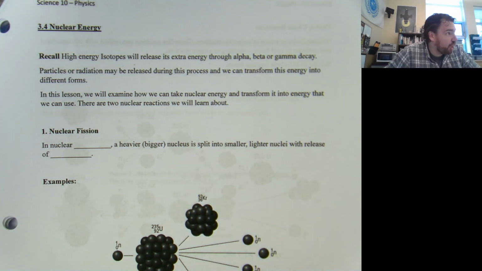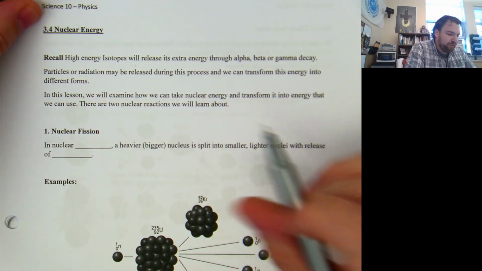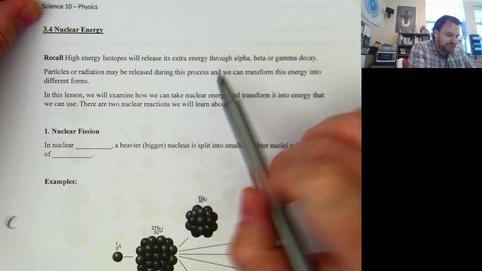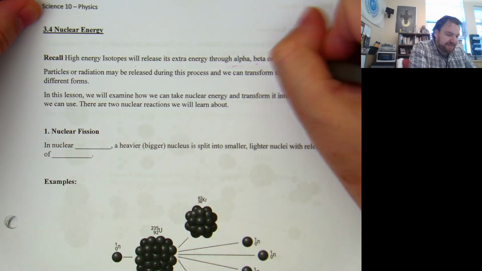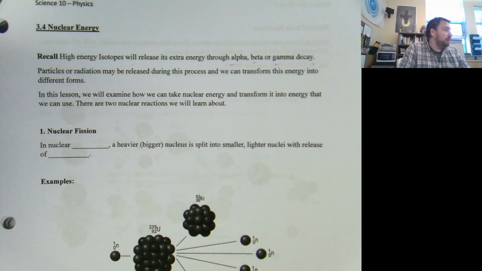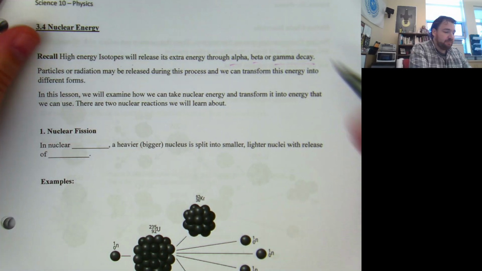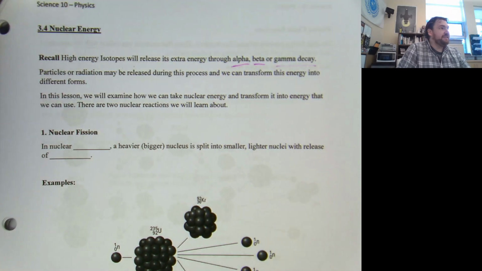So, recall, high energy isotopes will release extra energy through alpha, beta, or gamma decay. If you are able to destabilize an atom, either by adding mass as a neutron, or by adding energy, you're going to get a situation where decay is going to occur.